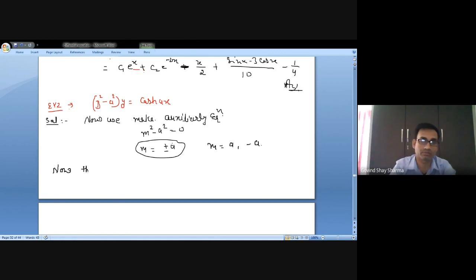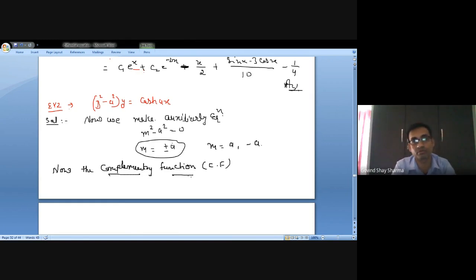Now the complementary function. Actually I am writing the full form of CF because sometimes in an MCQ question they ask what is the full form of CF, and students write complete function. This is not a complete function, it is complementary function. I see many times in MCQs a student ticks complete function.